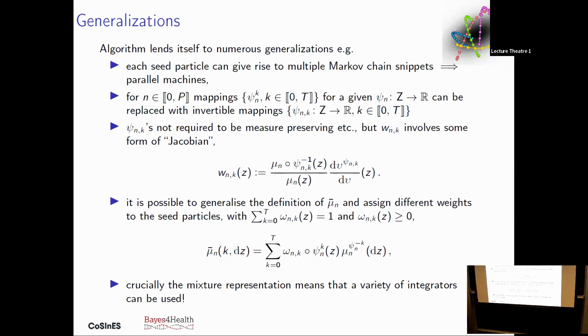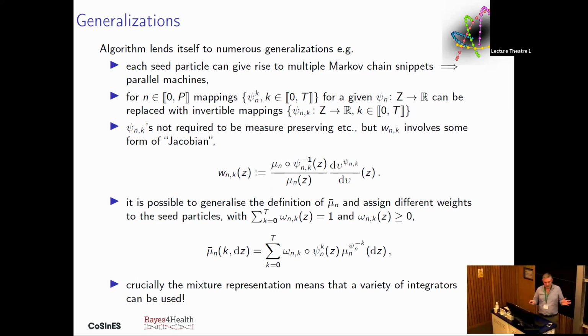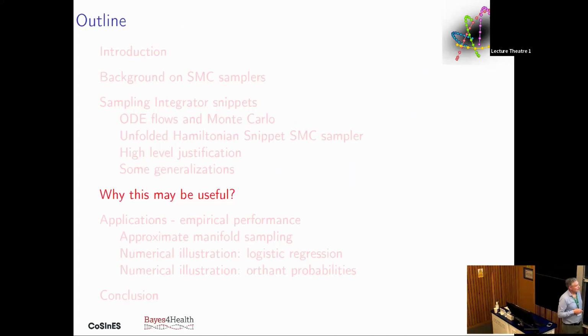And again, crucially, the mixture representation is quite nice because it's not the algorithm, but it contains the algorithm in some ways. And what is nice is that basically you can use different integrators, right? So that's quite interesting, and we've started to exploit this in various scenarios.